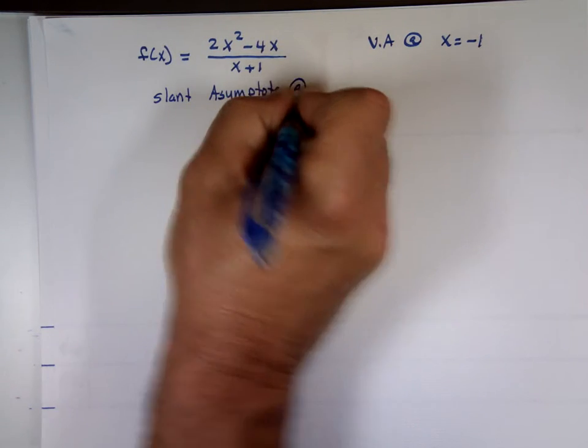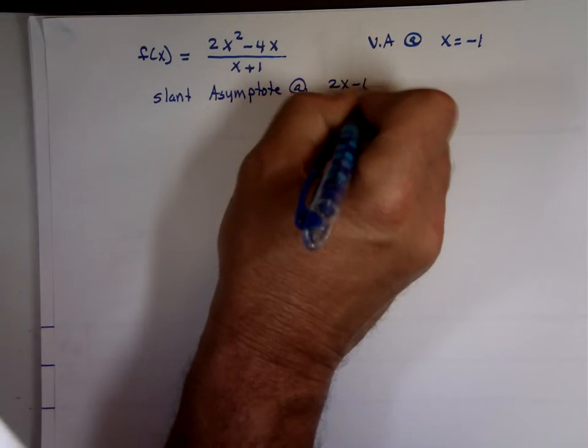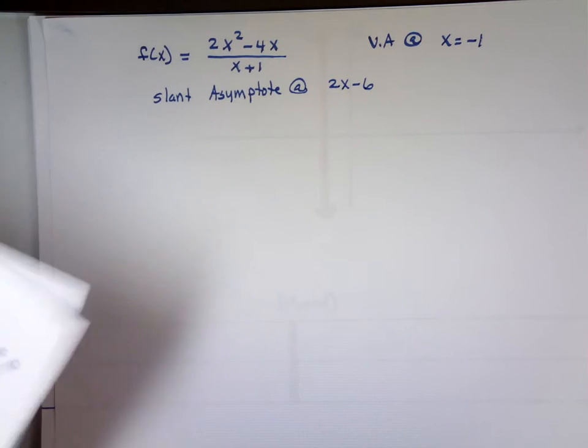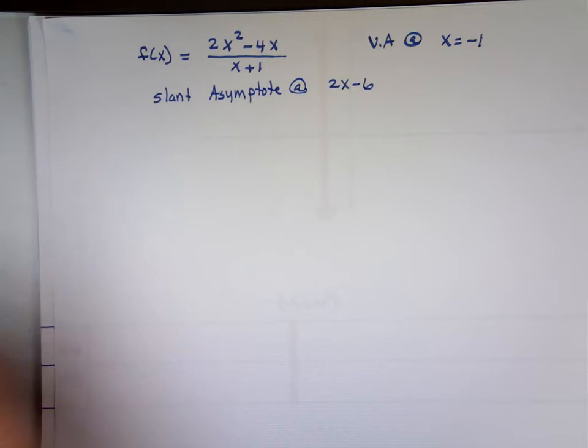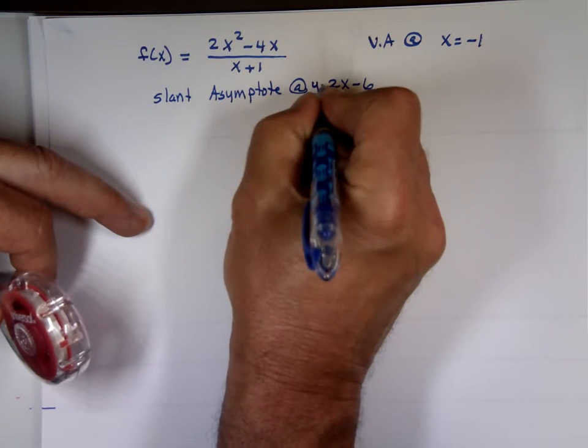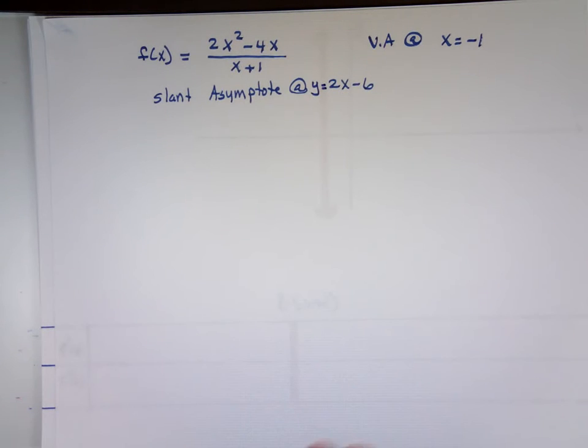Or slant asymptote, not at. Well, y equals 2x minus 6. I don't like the word at. But that's the line, that's my slant asymptote. y equals 2x minus 6.